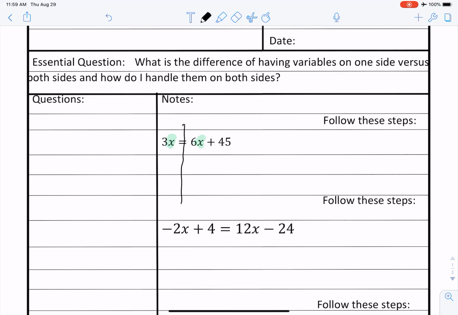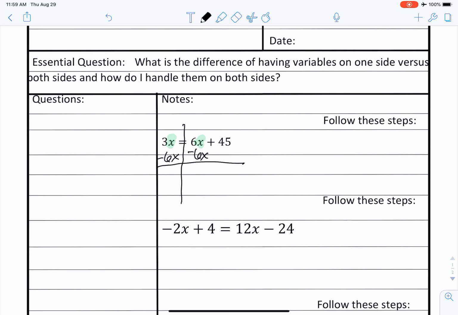I'm going to move this 6x to join the 3x on the left side. Since there's not a constant on that side, it's more convenient to move the 6x to the left than to move the 3x to the right. So I move the 6x by subtracting it, because it's a positive 6x on the right. To do the opposite would be to subtract it.